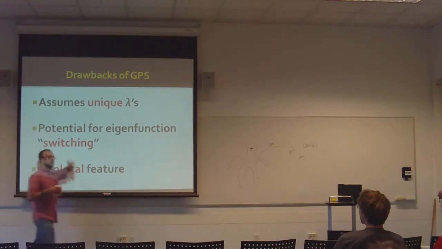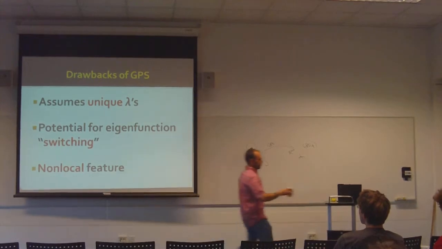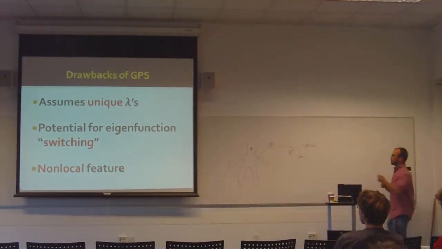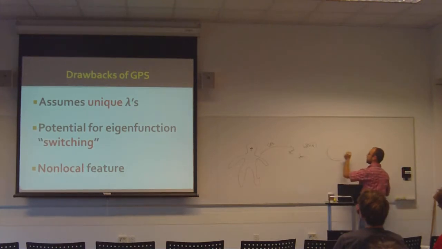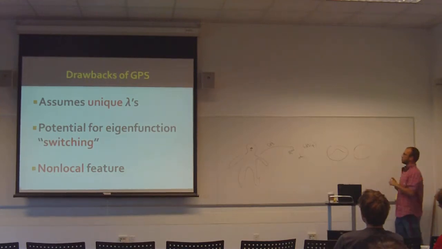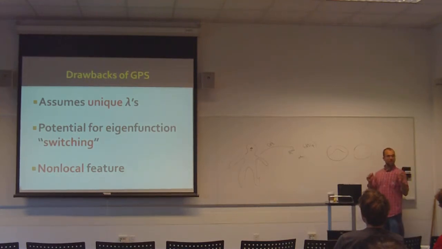So for example, what happens on a sphere? Or really any symmetric object, but a sphere is a good example. Well, the sphere might have some eigenfunction that has some peak in the middle of your surface. But by symmetry, that means that there's another eigenfunction with the same eigenvalue that has a peak just rotated 90 degrees.